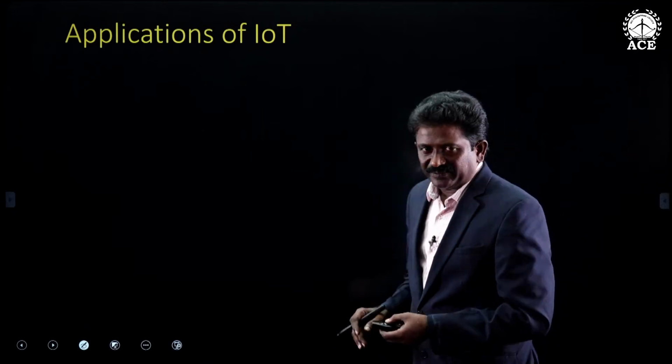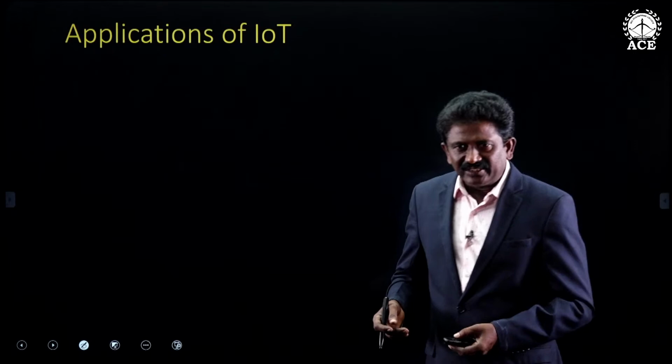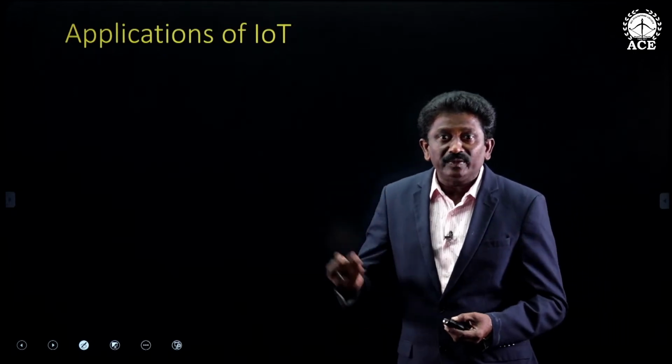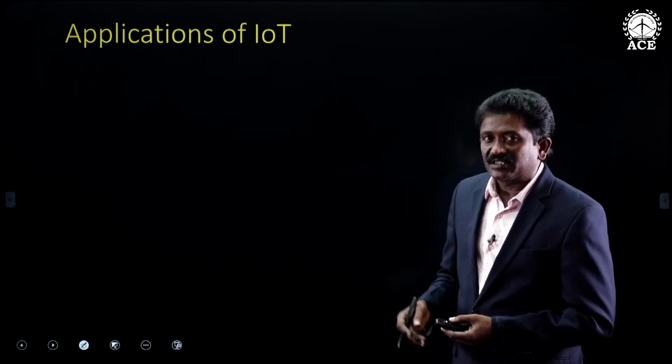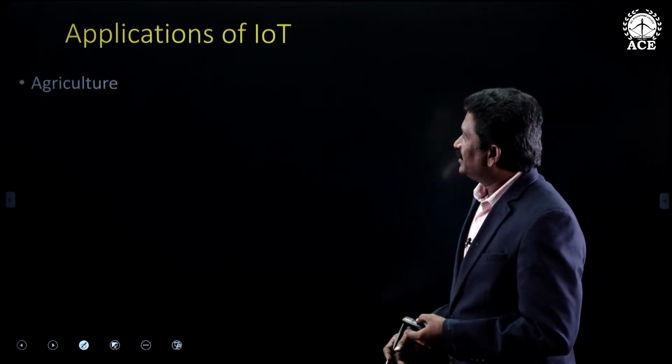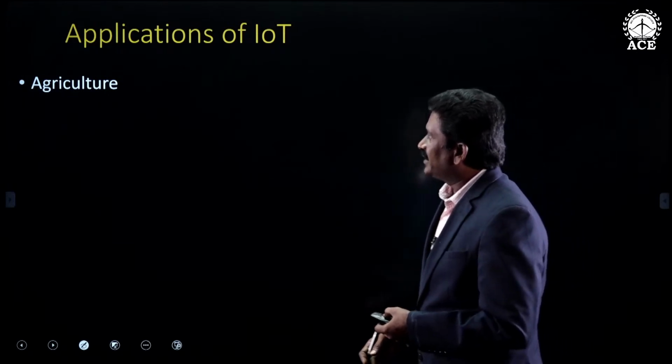Applications of IoT. According to our theoretical explanations, we have many types of applications of IoT. First, agriculture.